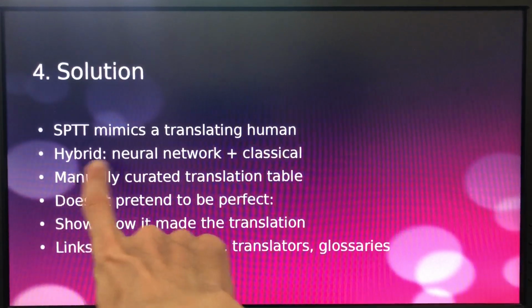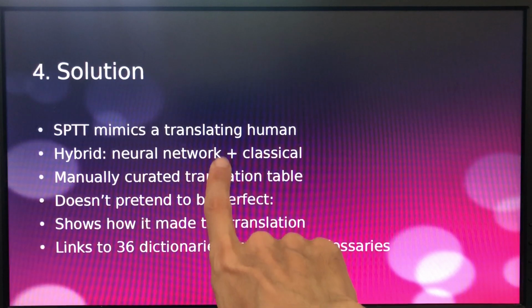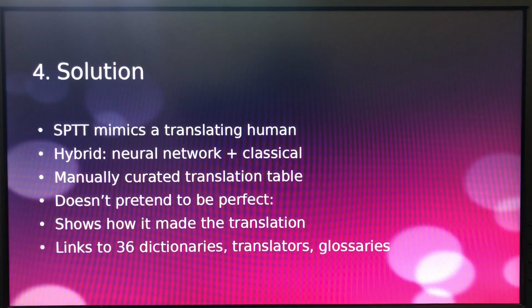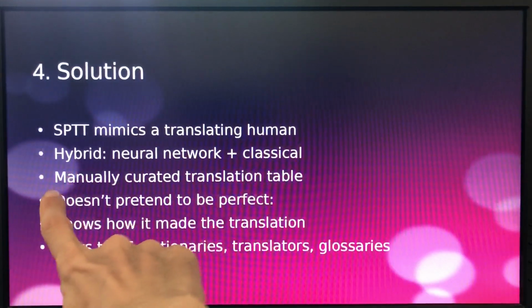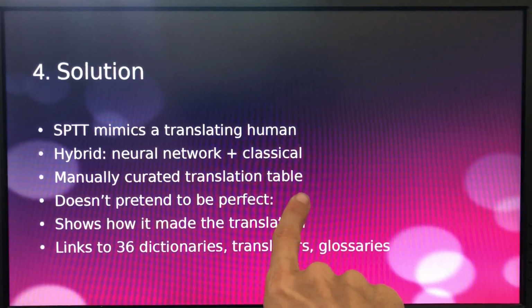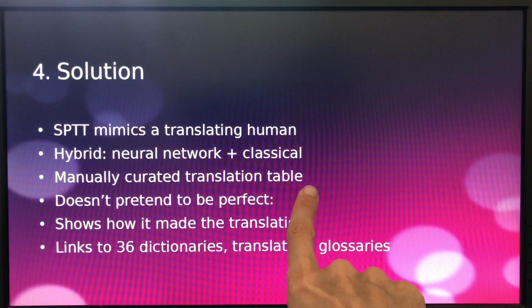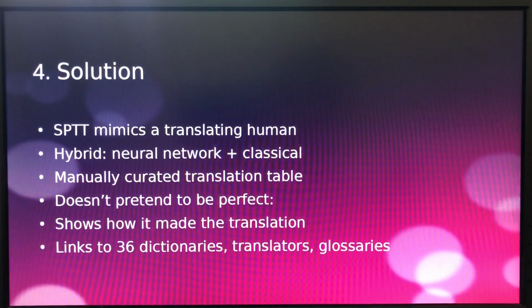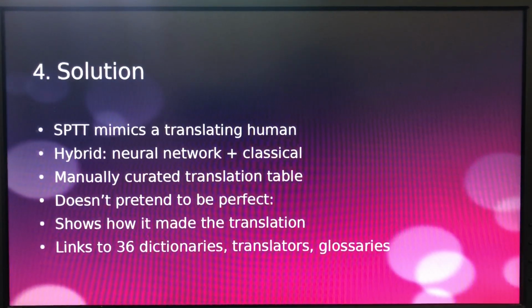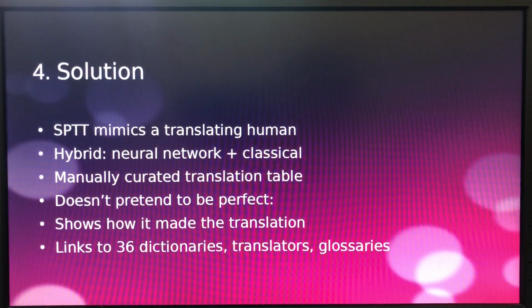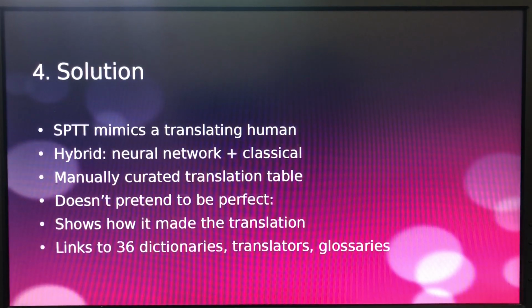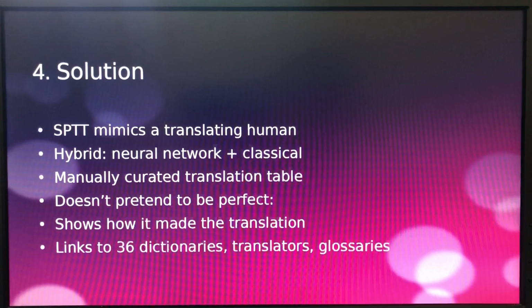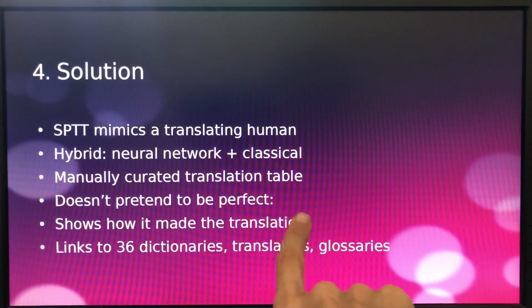It uses a hybrid approach, neural network or AI, deep learning. That is the modern part, and it uses a classical part of a manually curated translation table. This is where the trustworthiness comes from, because there was a human who decided this phrase will translate to that. I know that is correct. It doesn't pretend to be perfect.